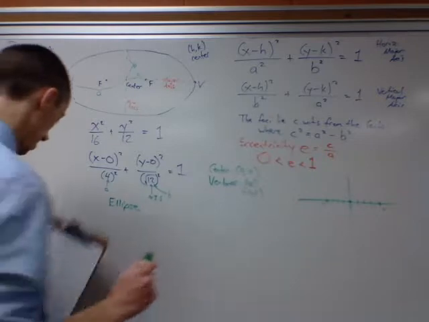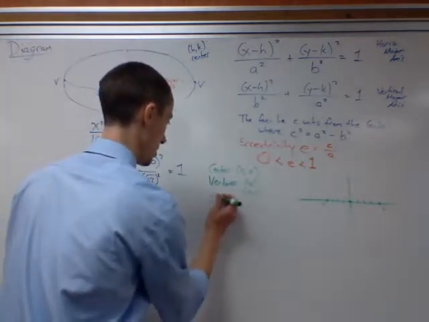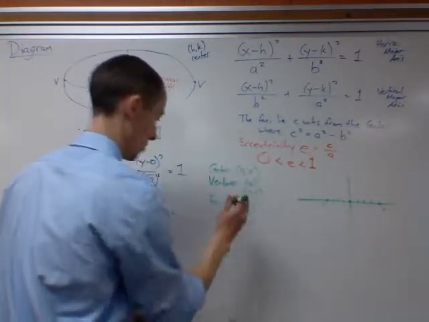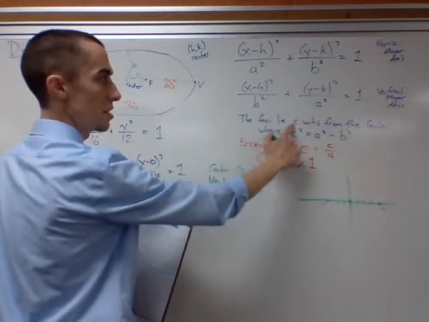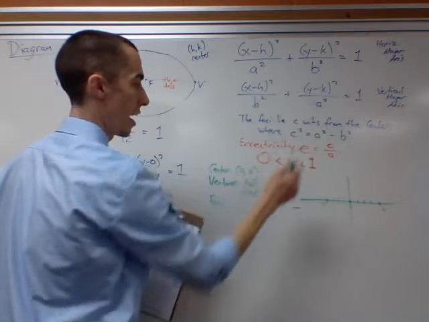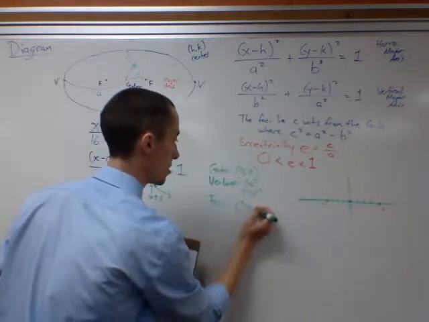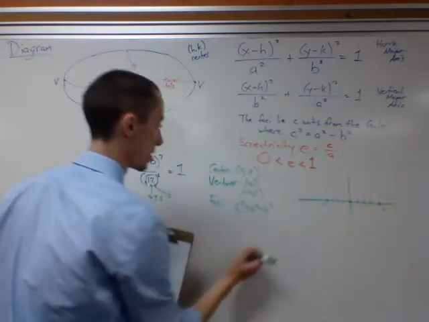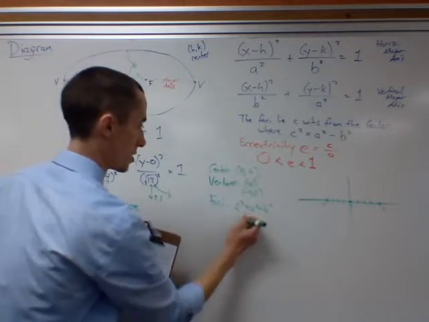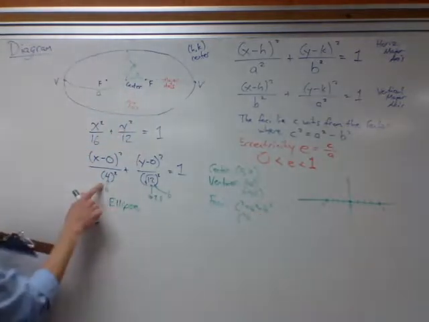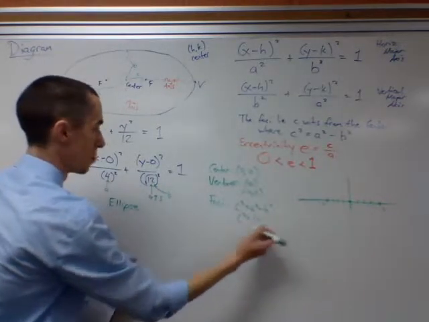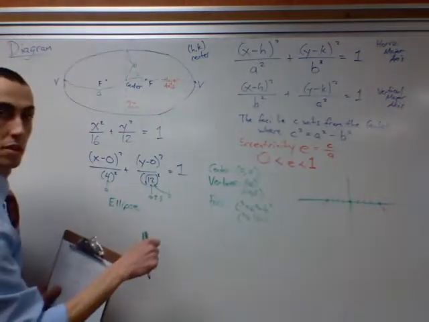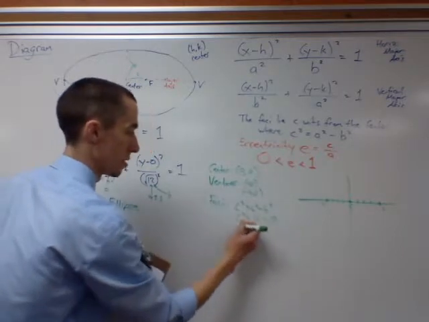It also asks for the foci. Now remember that the foci are c units away from the center, and we use c squared equals a squared minus b squared. So c squared is 4 squared, which is 16, minus root 12 squared, which is 12.